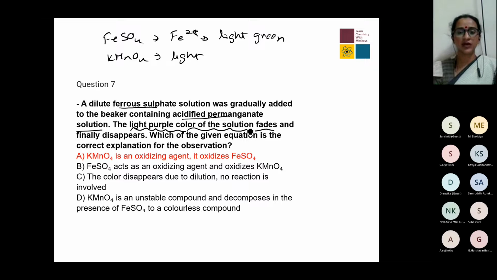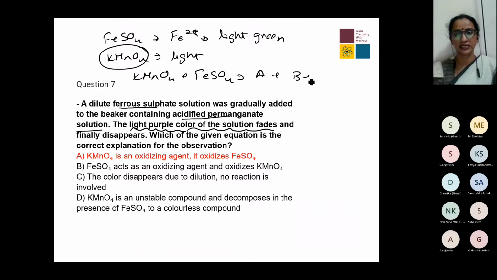And it says that the light purple color will fade and disappear with time. So what that means is that this KMnO4, when it is reacting with FeSO4, is breaking down to form products A, B, and C, where none of these are any longer forming colored compounds. All right. So this light green is losing its color. This purple is also losing its color.